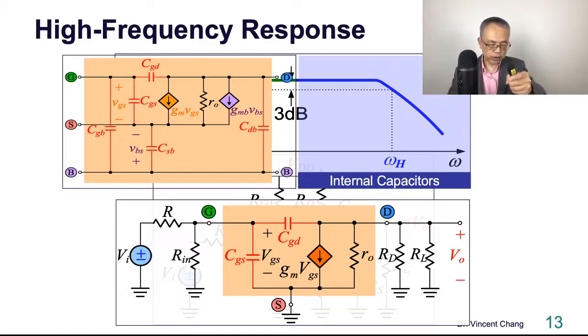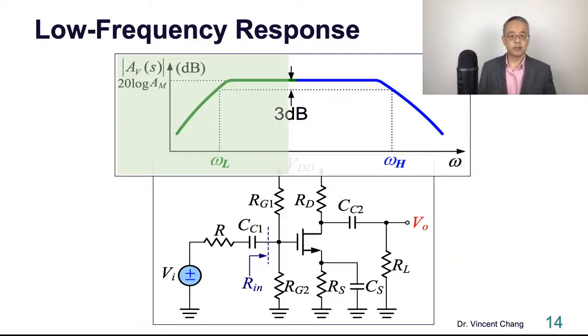This is the equivalent circuit when the amplifier is operated at high frequency. So it's called the high frequency equivalent circuit.